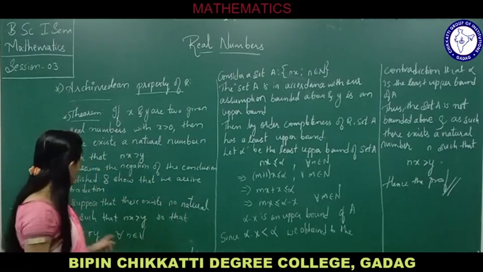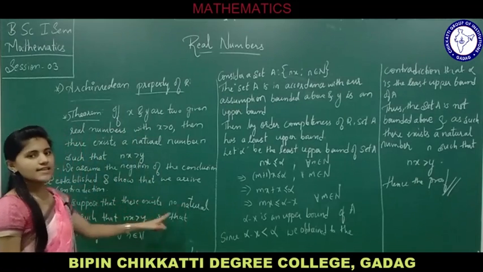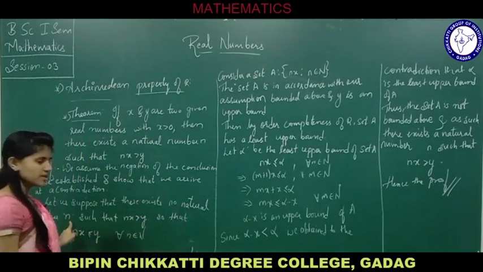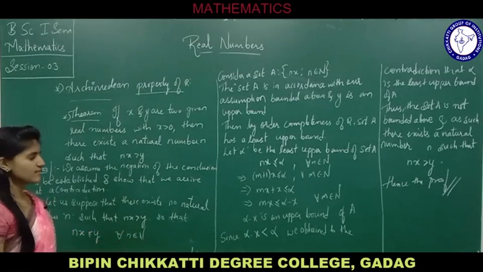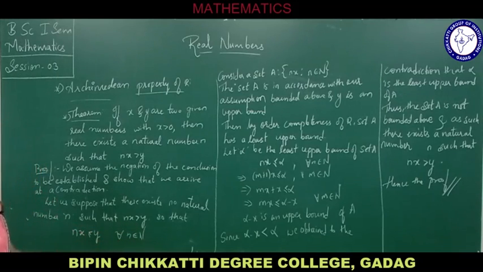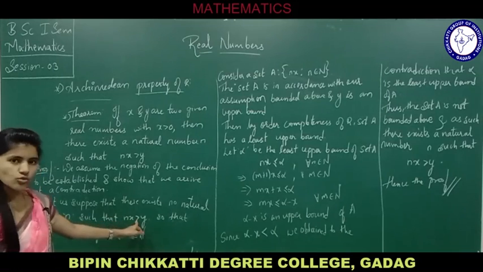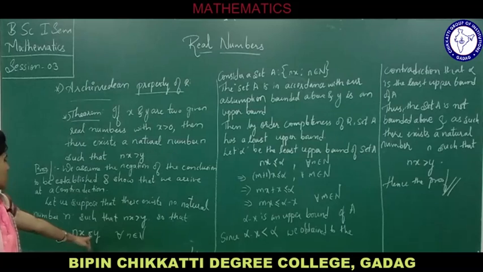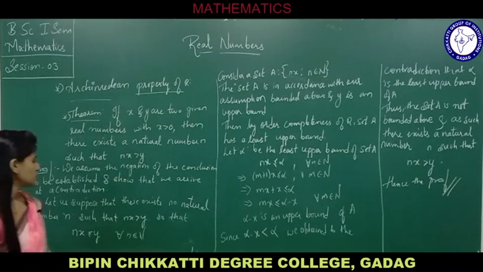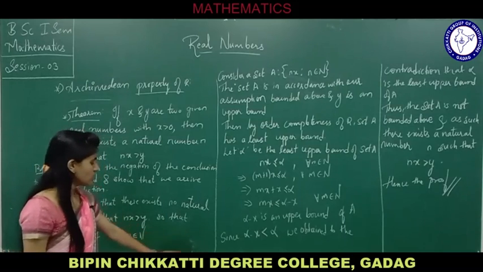We suppose that there exists no natural number n such that n into x is greater than y. Then n into x will be less than or equal to y for all n belonging to the set of natural numbers.